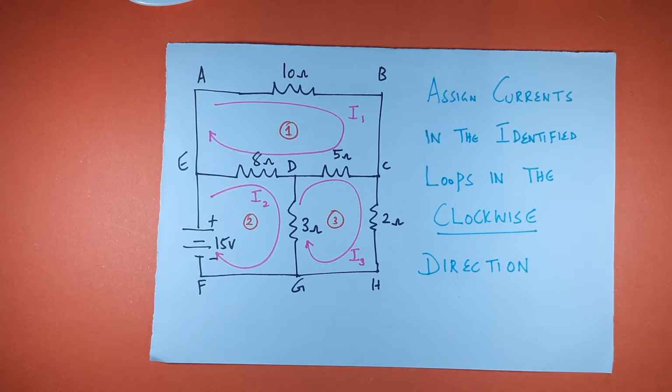That's why I have taken this example, but it can be more than 3 also. So you identify the independent loops in the given circuit and assign numbers for them. The next step is to assign currents in the identified loops in the clockwise direction. This is very important.